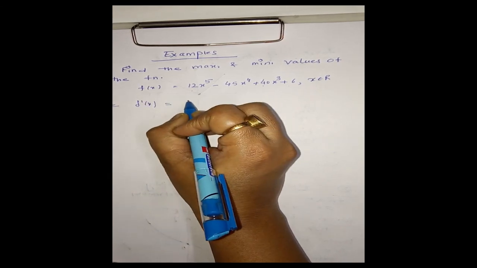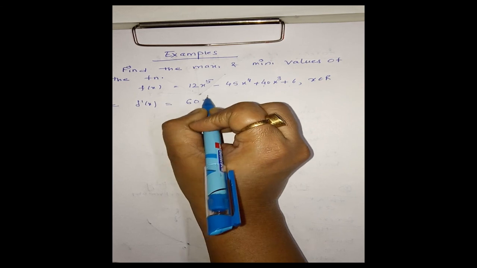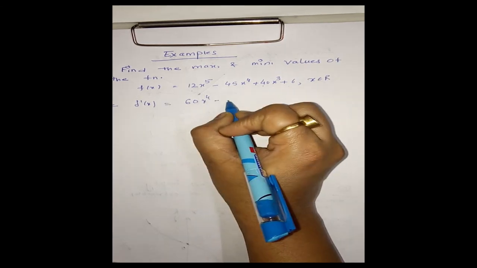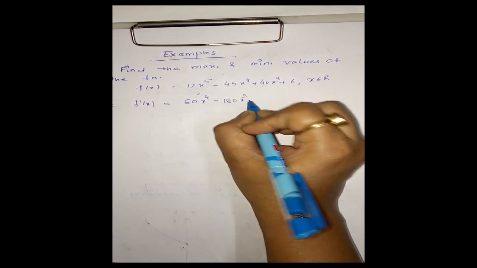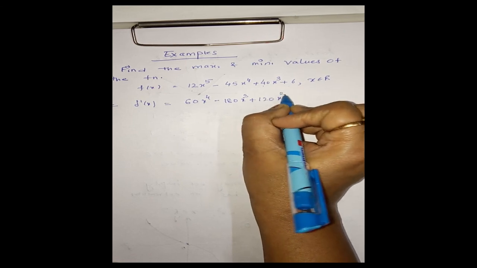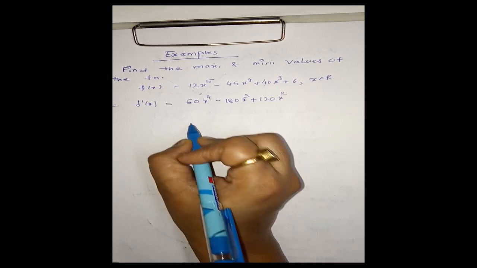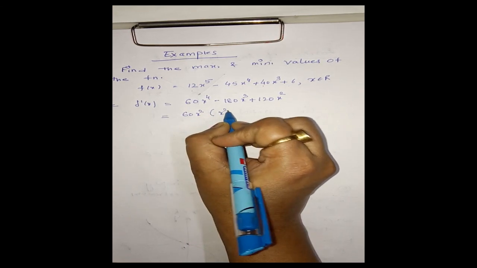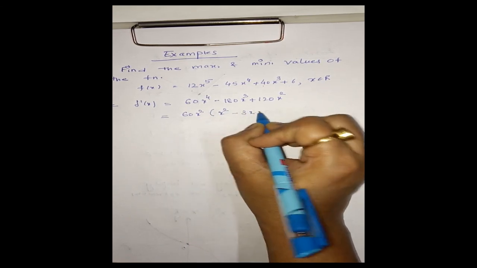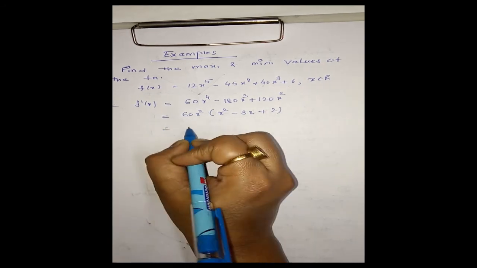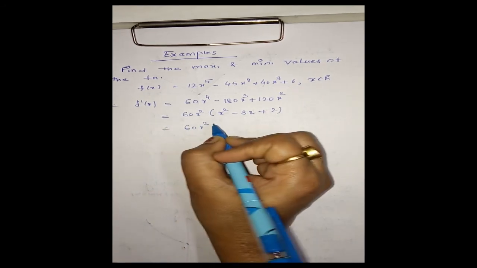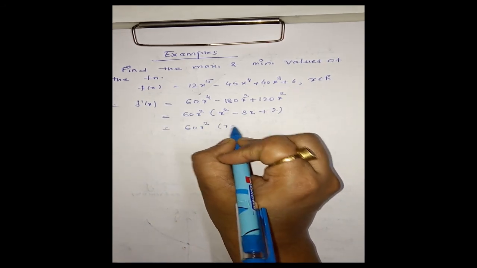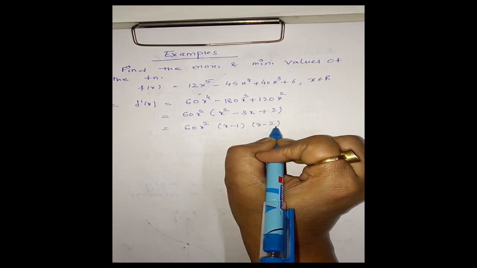It is equal to 60x^4 - 180x^3 + 120x^2. Taking 60x^2 common, this is x^2 - 3x + 2, which can be further simplified as 60x^2(x - 1)(x - 2).